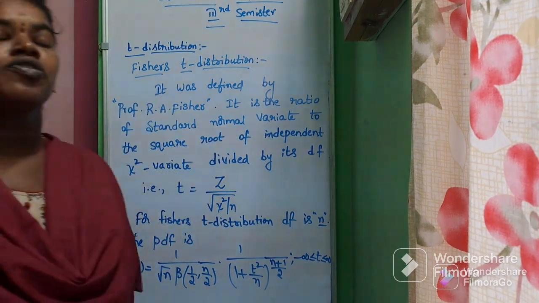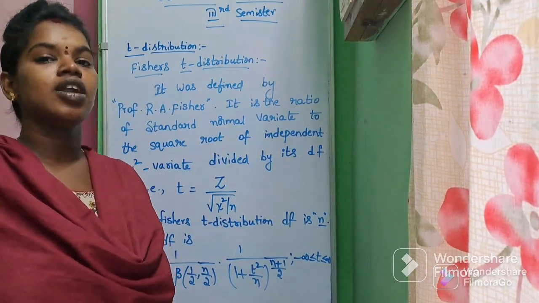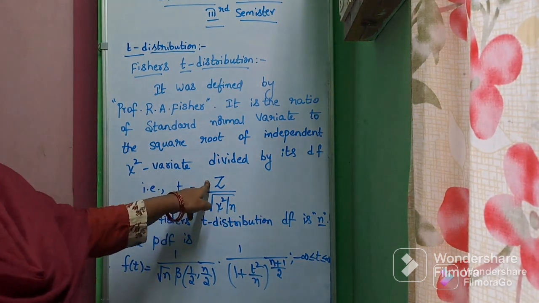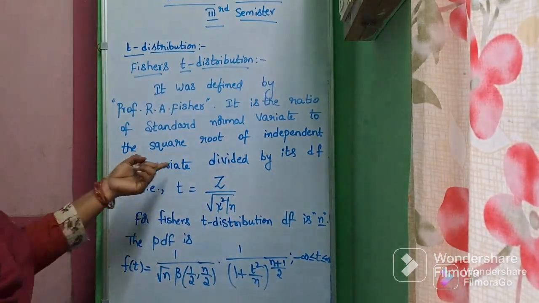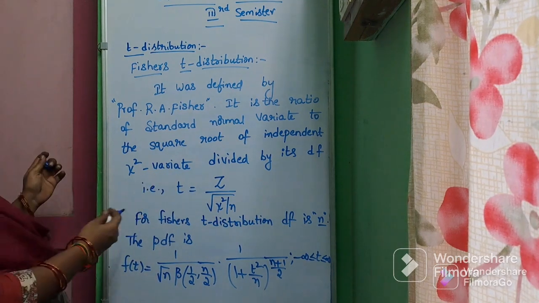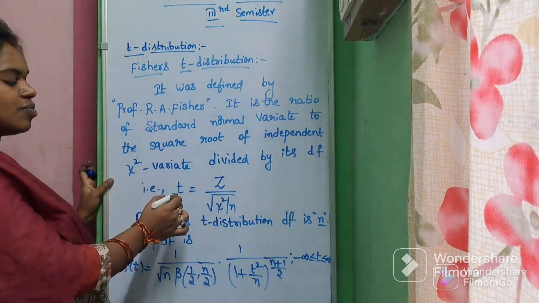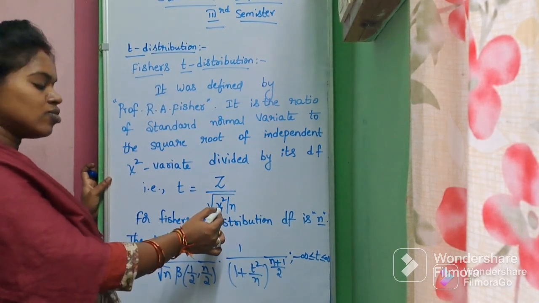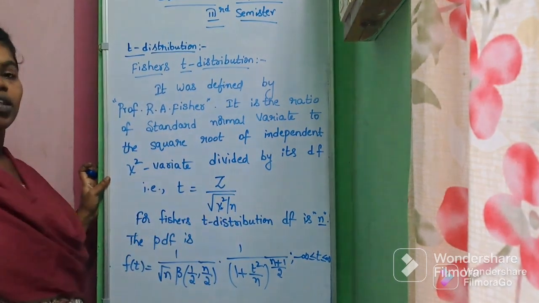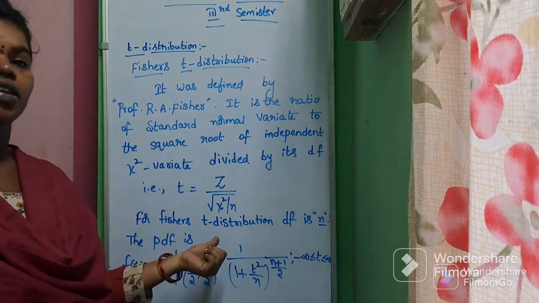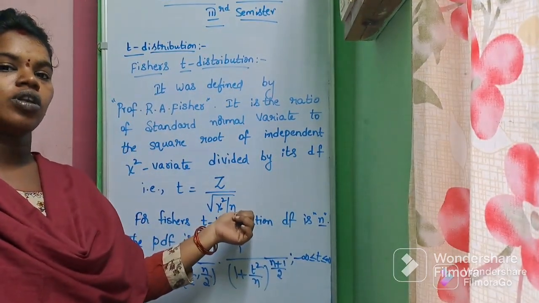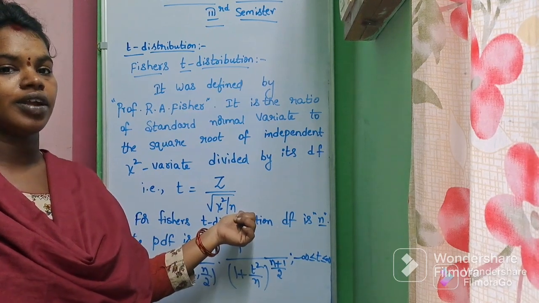It is the ratio of standard normal variate, which can be represented as Z, and it is independent of chi-square variate. Here, Fisher's t distribution t is equal to Z by square root of chi-square by n, because here the degrees of freedom for Fisher's t distribution is small n. So with that degrees of freedom only we are dividing this chi-square variate.